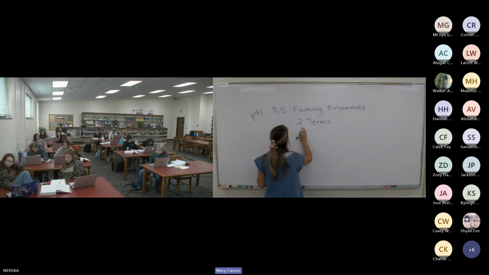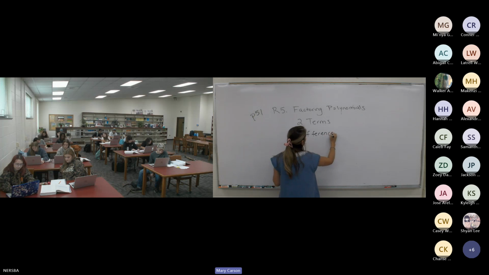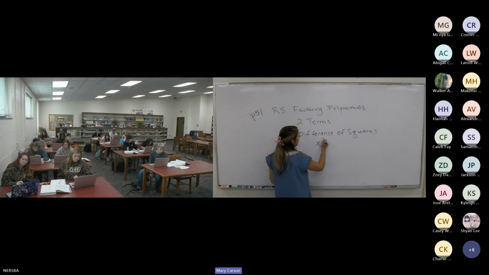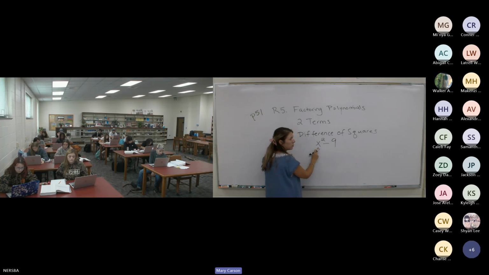All right, 2 terms. So when it's 2 terms, the first thing you check for is your special factoring. So difference of squares is one that can be 2 terms. It's the easiest one to check for. If you have 2 terms and it's a perfect square on both of them and there's a minus sign in the middle, meaning this is a perfect square, so 2 variables that multiply to give you the same thing, and this is a perfect square.